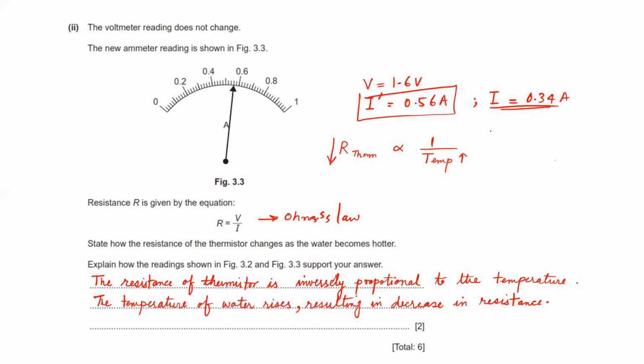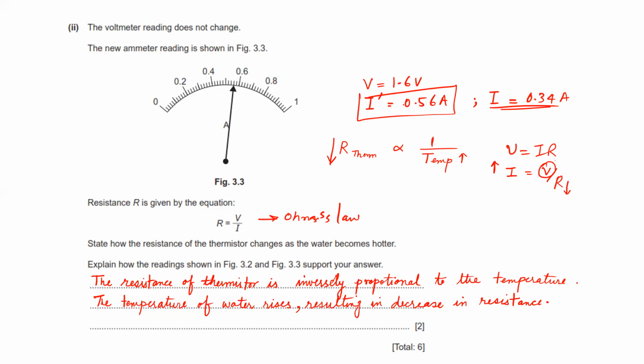And if we look at this current, V equals IR, and I equals V by R. So if my resistance decreases, my value of current will increase for my voltage to remain constant.